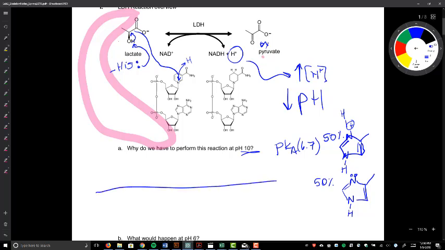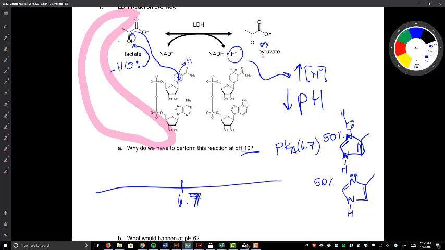So if we lay this out, at a pH of 6.7, half the LDH molecules are going to have the protonated histidine, and the other half of the LDH molecules in solution are going to have a deprotonated histidine.